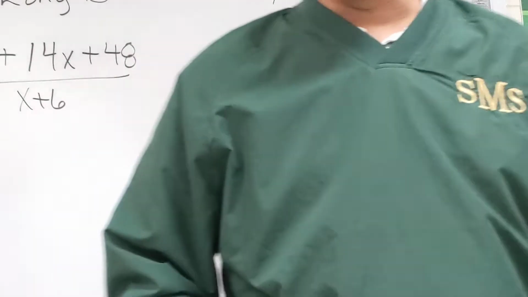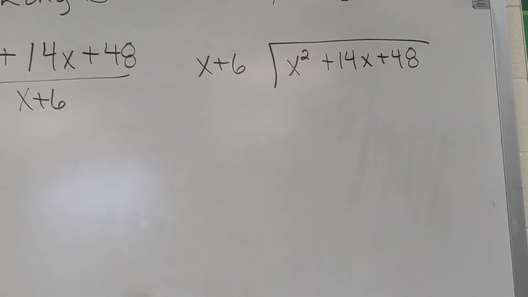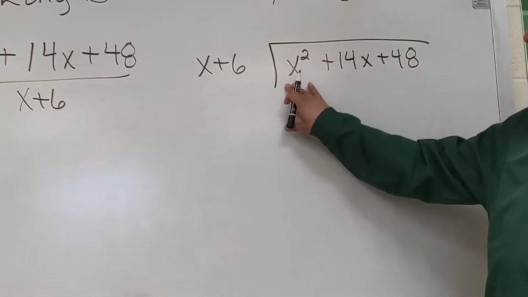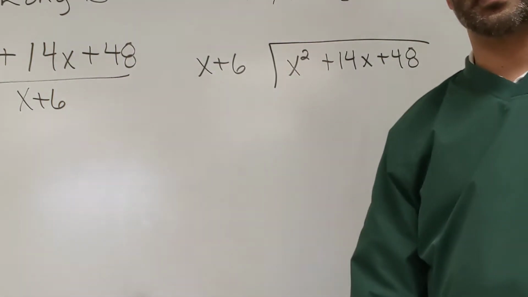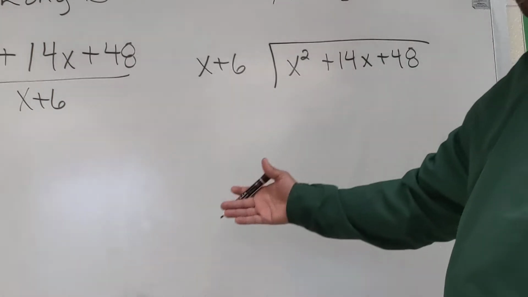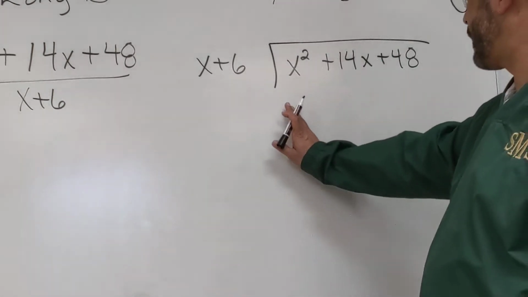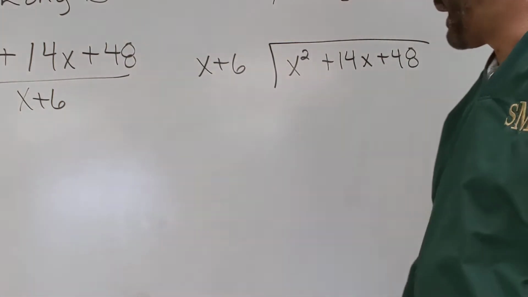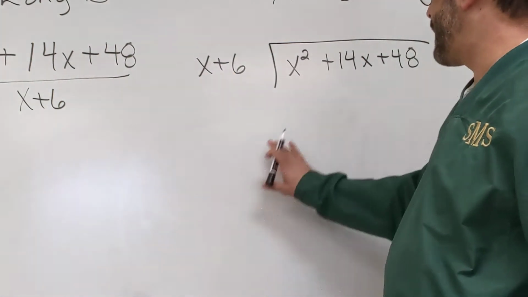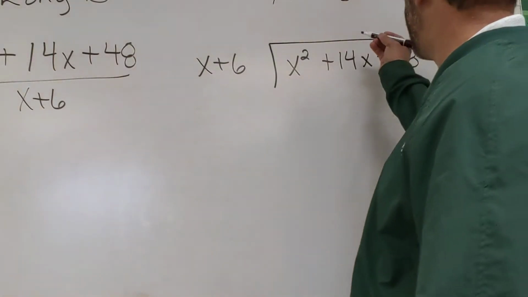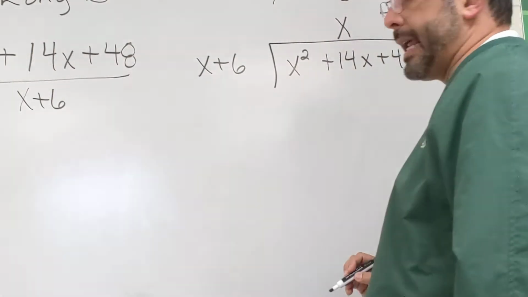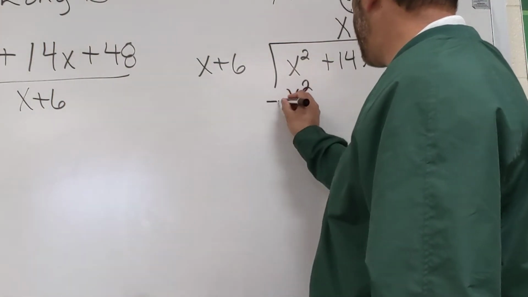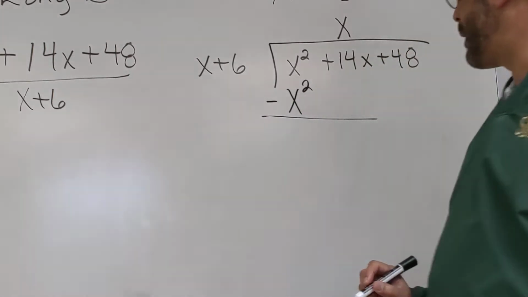All right, so the question I have to ask myself is, what do I multiply x by to get x squared? Because just like in long division with numbers, we want to do our best to subtract all these terms out and to eliminate these terms the first time. So I ask myself, what do I have to multiply x by to get x squared? Well, I know using my laws of exponents that x times x is going to give me x squared because I keep the base and I add my exponents.